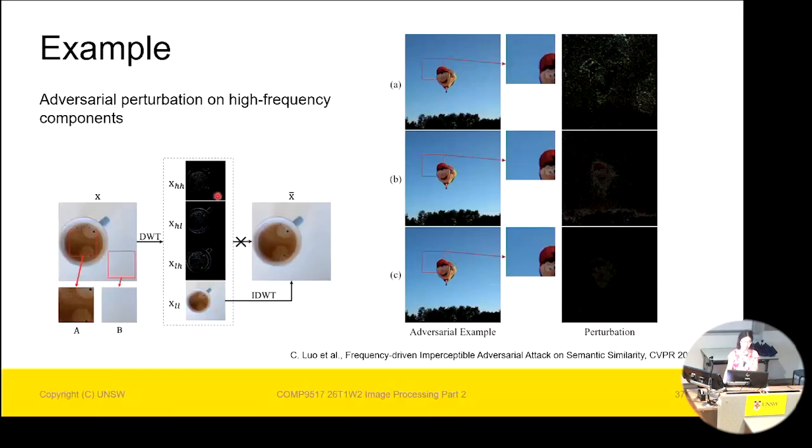Typically we do separate processing based on the frequency information. On low frequency, we do something different from the high frequency. In this particular example, it's about adversarial perturbation. I think I mentioned in the first lecture that in computer vision, there's a specific problem called adversarial attack.